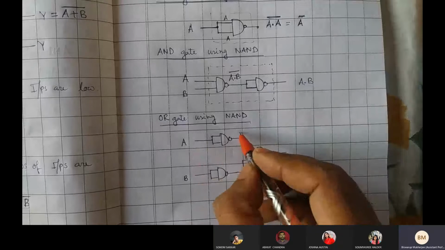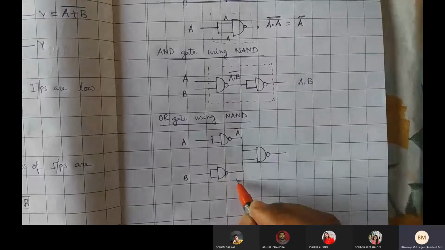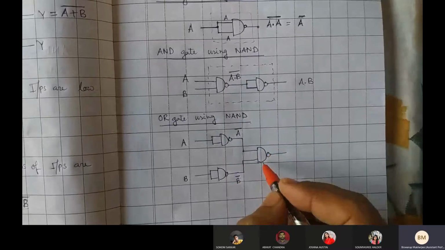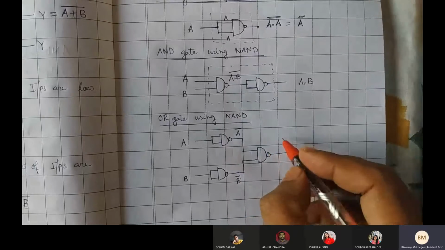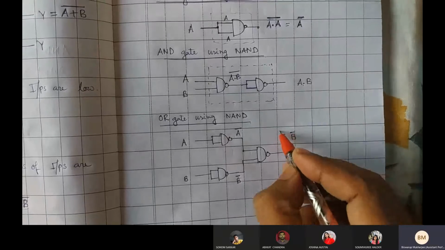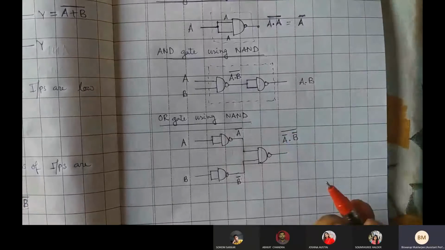Here comes A bar, here comes B bar. As a result, what is going on here is A bar dot B bar whole complement.